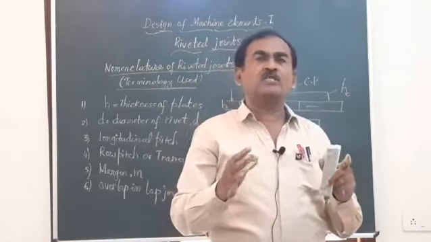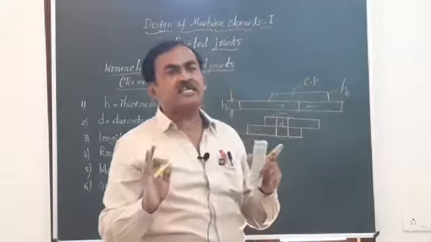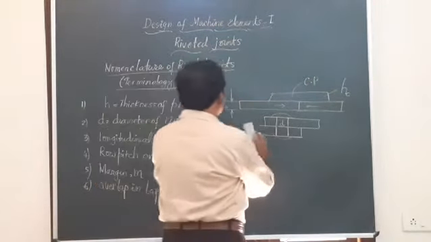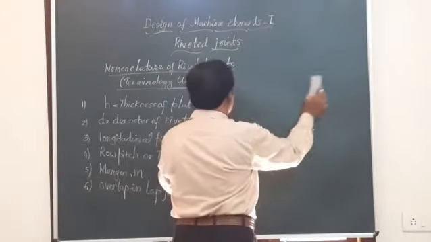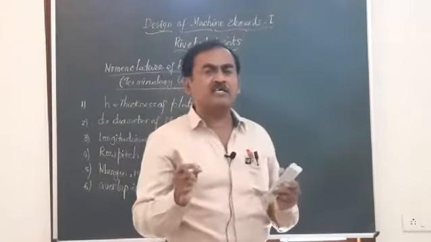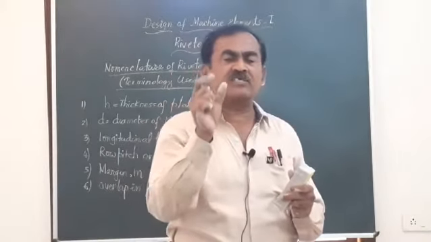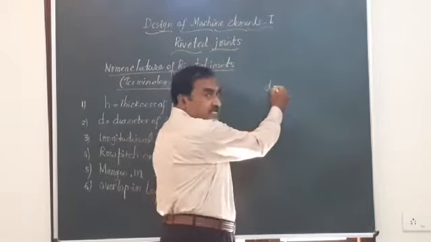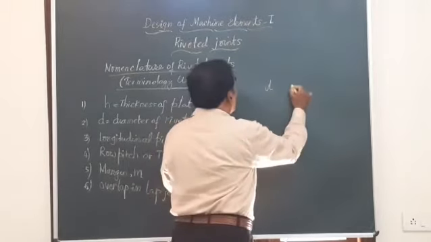So how is the diameter of the hole related to the diameter of the rivet? Friends, in the machine data handbook, whatever data handbook you refer to, there are going to be standard values of this diameter small d, and also the corresponding diameter of the hole.